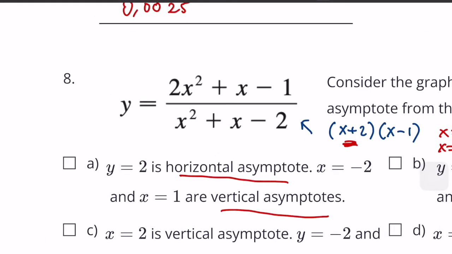So the next one is when you have the limit as x approaching infinity of the whole thing here. Because we have x squared as the highest degree in the functions, we need to divide everything by x squared.